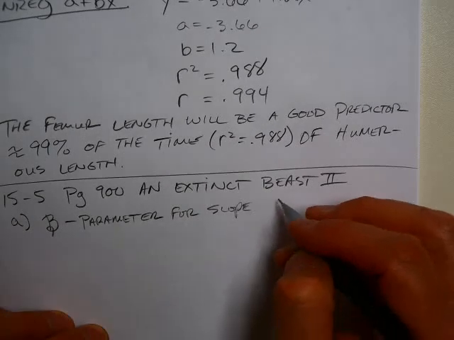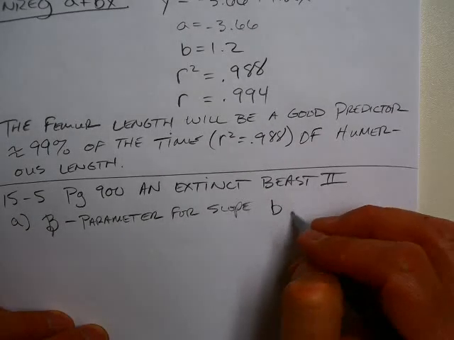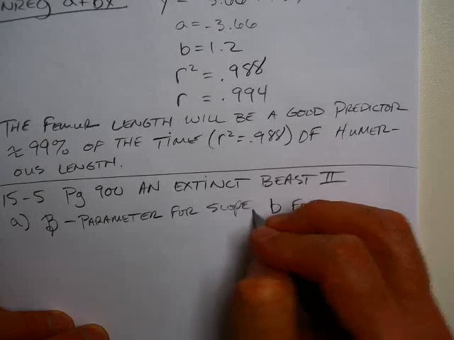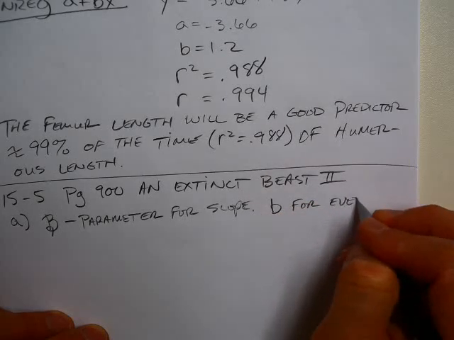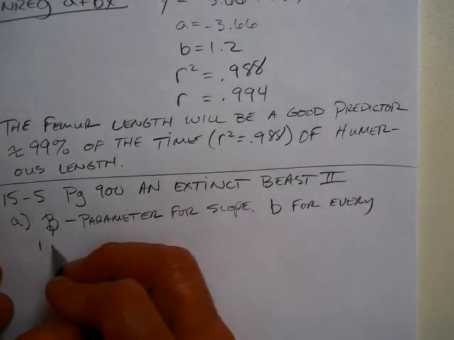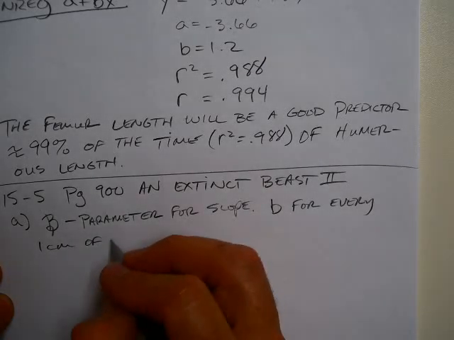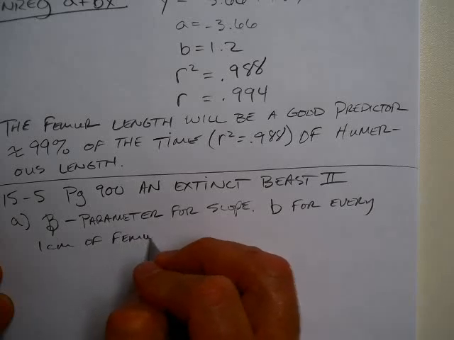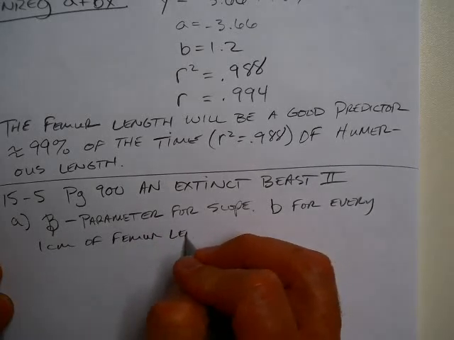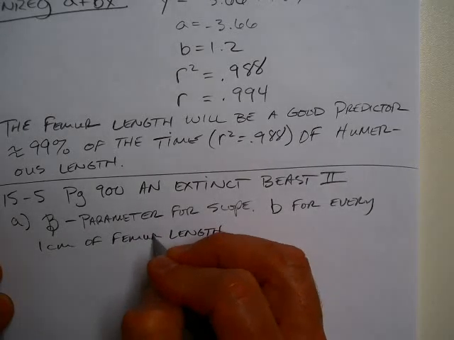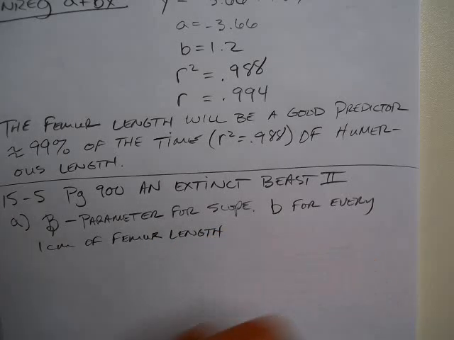Let's say what B does. B says for every 1 centimeter of femur length, what does the 1.2 do for the humerus length? Well, that's that multiplier of slope.